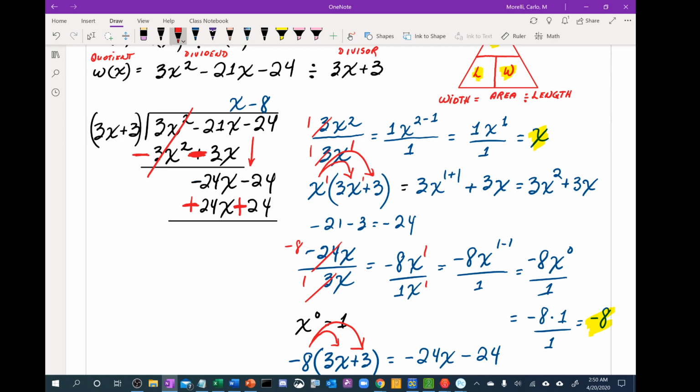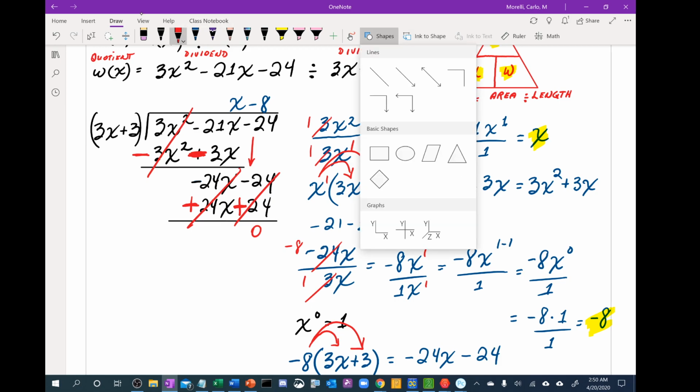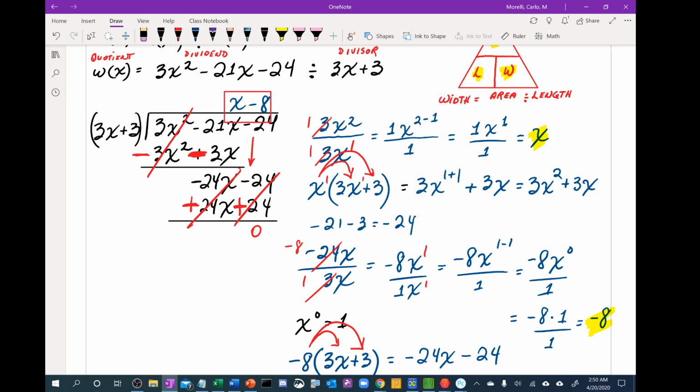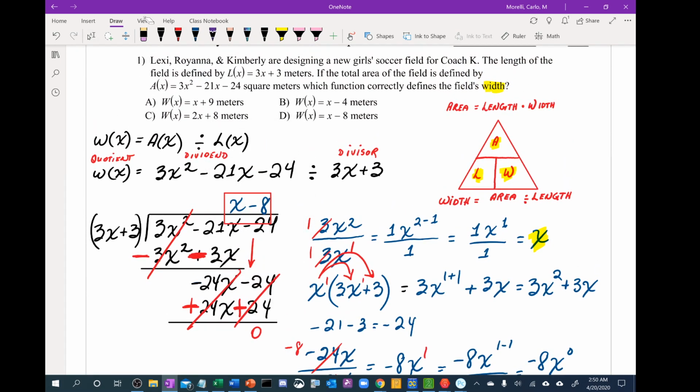Okay, now look at this. Negative 24x plus 24x, that cancels. Negative 24 plus 24, that cancels. There is no remainder. So this is the quotient. All right, now remember what happened here. This is this.